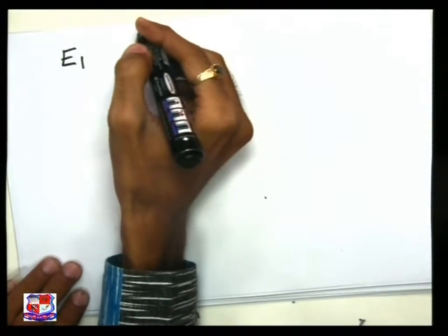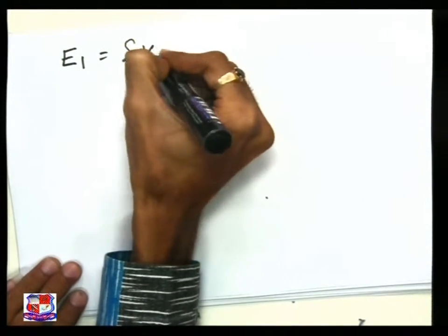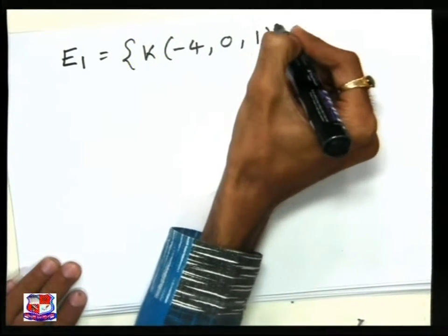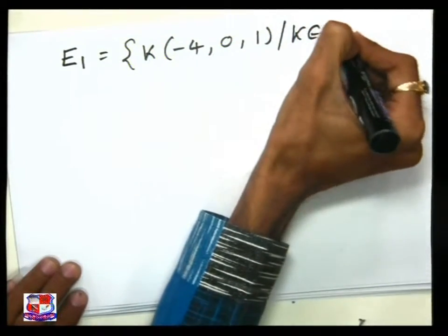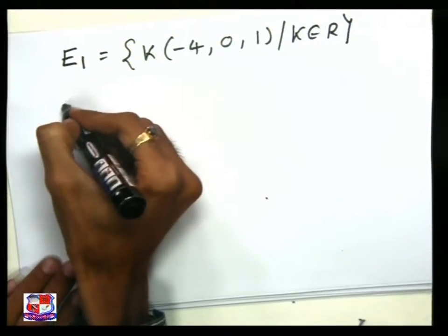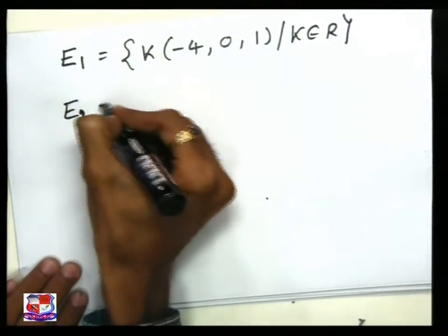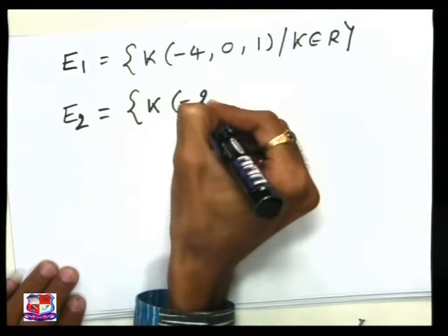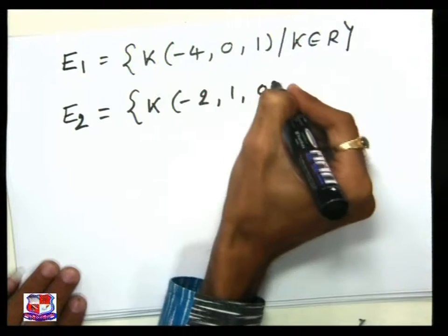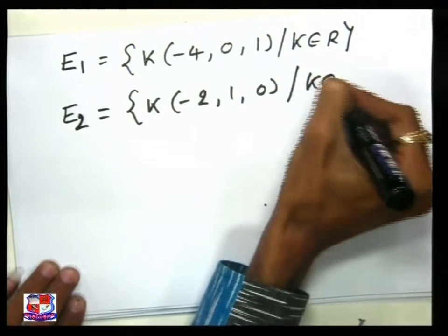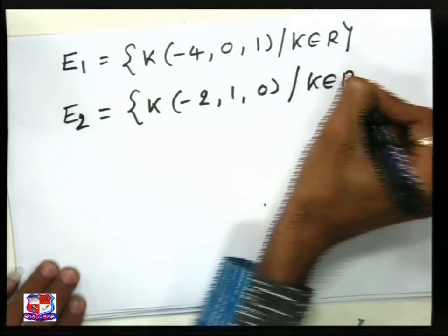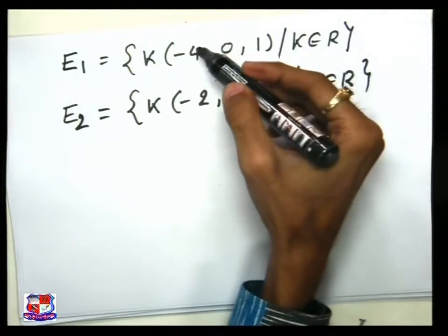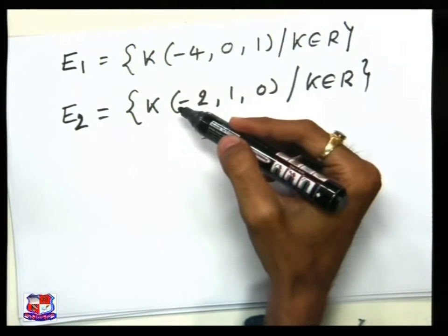For lambda equal to 1, the eigenvector E1 is equal to k(-4, 0, 1), where k belongs to R. And for the eigenvalue lambda equal to 2, the eigenvector E2 will be k(-2, 1, 0), where k belongs to R. This is the eigenvector for the second eigenvalue and this is for the third eigenvalue.